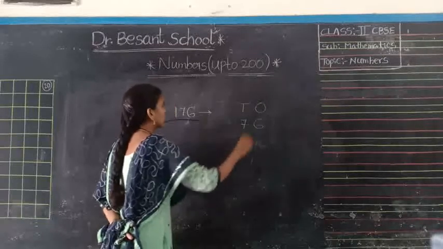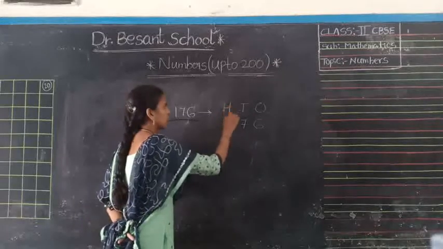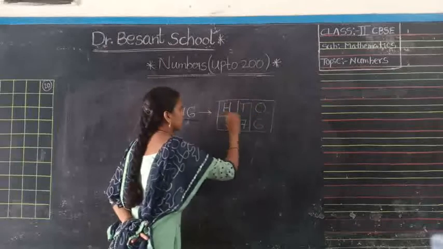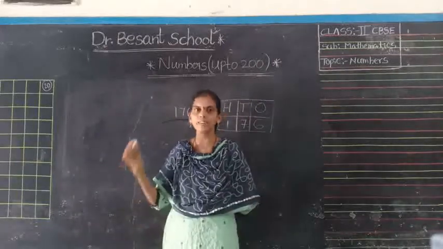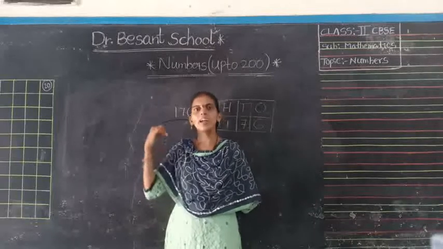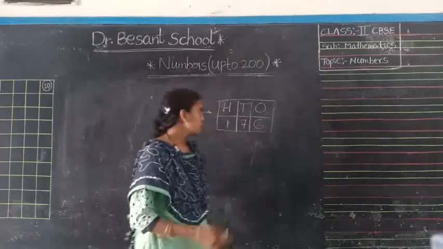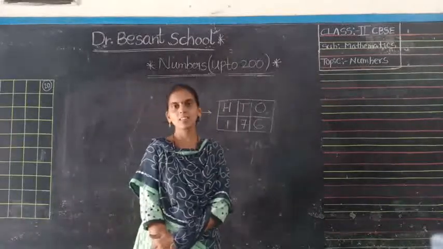Very good. So, digit in hundreds place? 1. Very good, children. So, that means you are perfect in placing the digits of the given 3-digit number in their respective places. So, now you represent this 176 on an abacus.